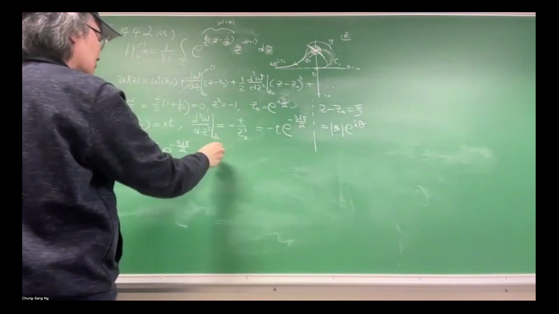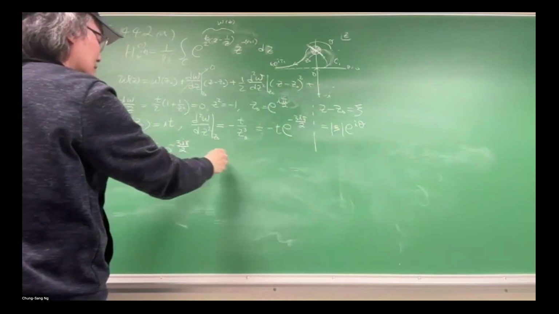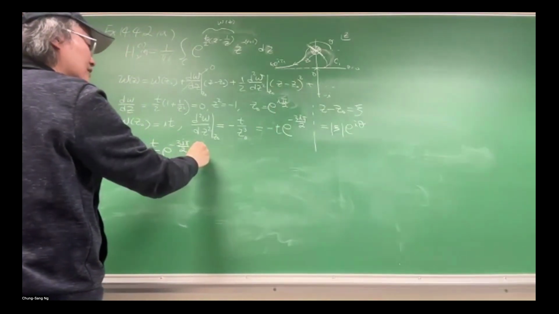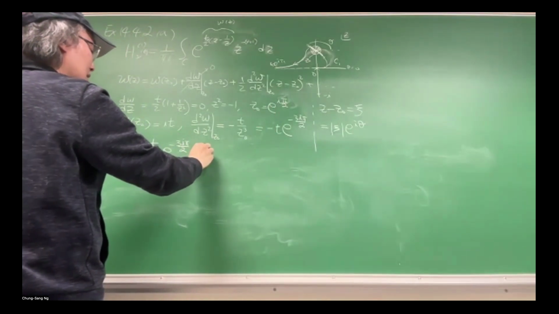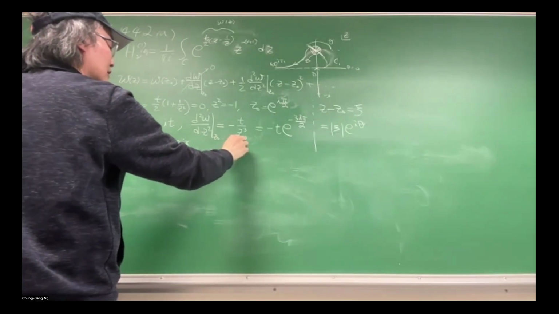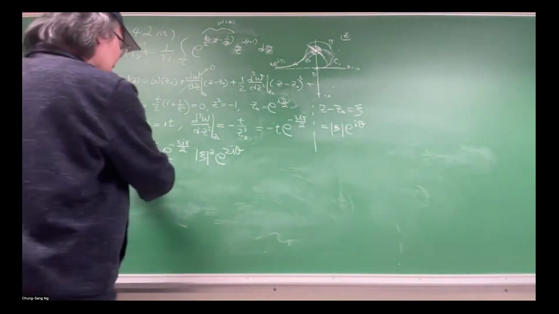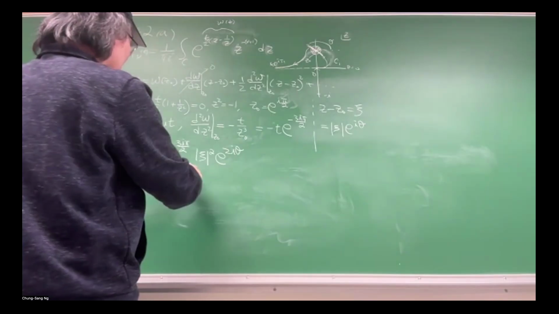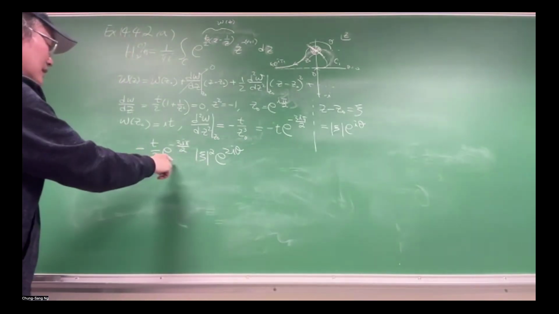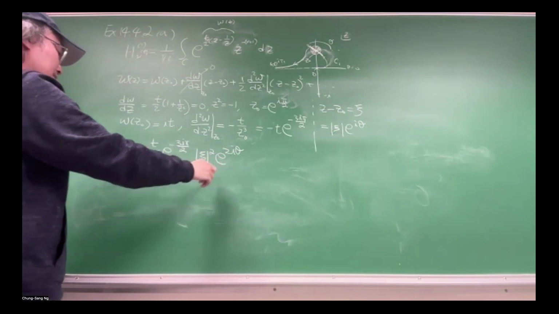In that case, let's plug that in here. So c minus c sub 0 squared is c squared e to the 2i theta. Now you have a minus sign, and you combine these two.